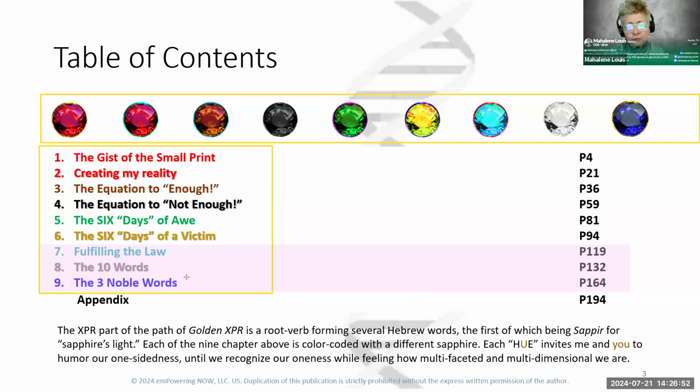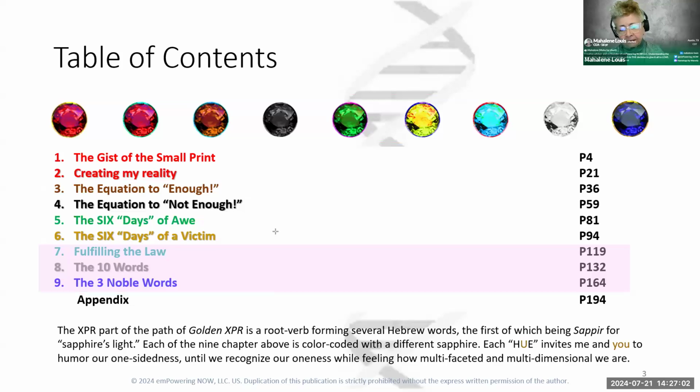And as we come to understand the equation to enough and to not enough, the color coding will start making sense, and you will be able to superimpose a whole lot of basic ideas on the shadow, on the unconscious, on consciousness.